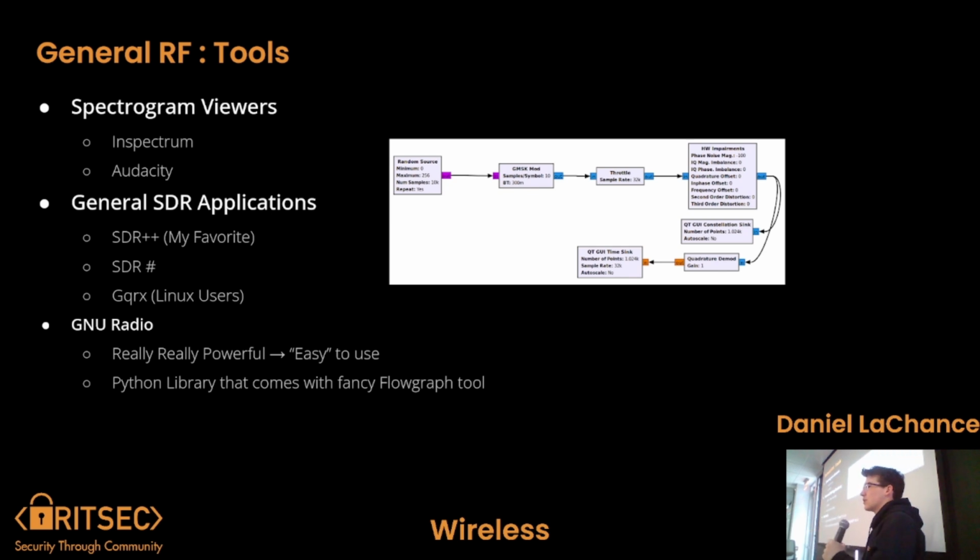You can do pretty much anything with an SDR with GNU Radio Companion. It's basically just a way of connecting blocks like you would in Scratch, and then all of that gets translated into Python, and your Python code runs every time you run a project from here.